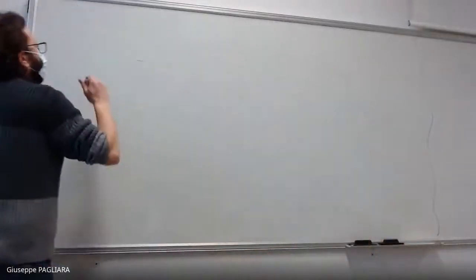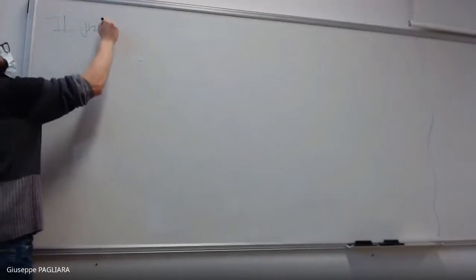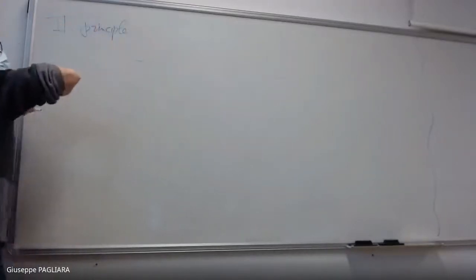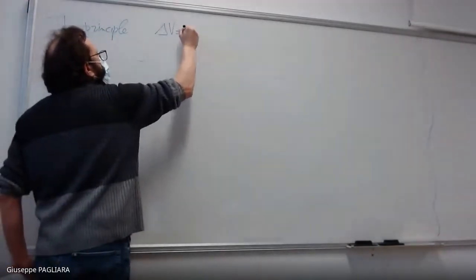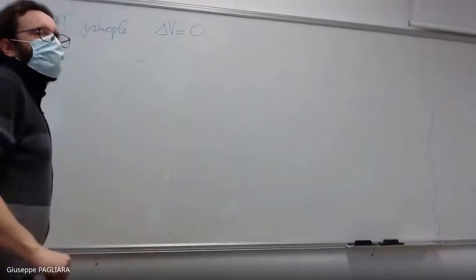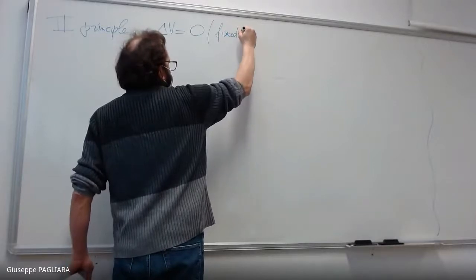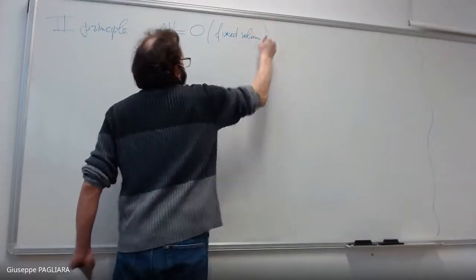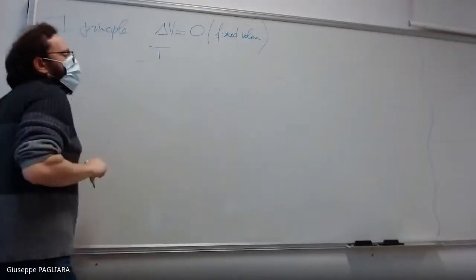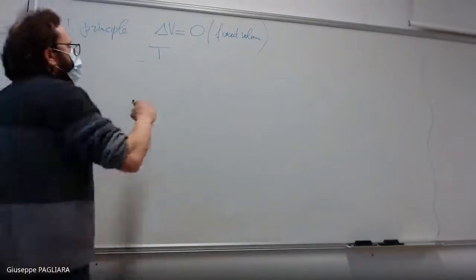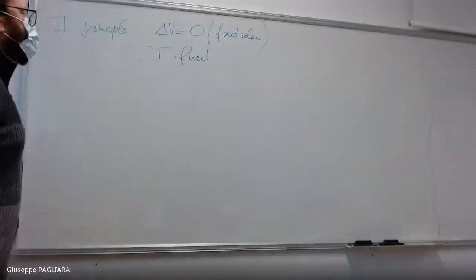So now what we will try to do is to establish the second principle again for a situation in which delta V is still equal to 0, so fixed volume, and T, the temperature of the system, is also fixed.